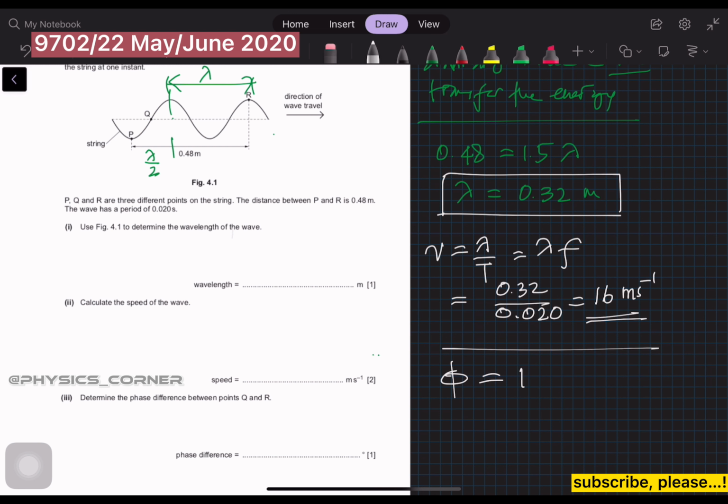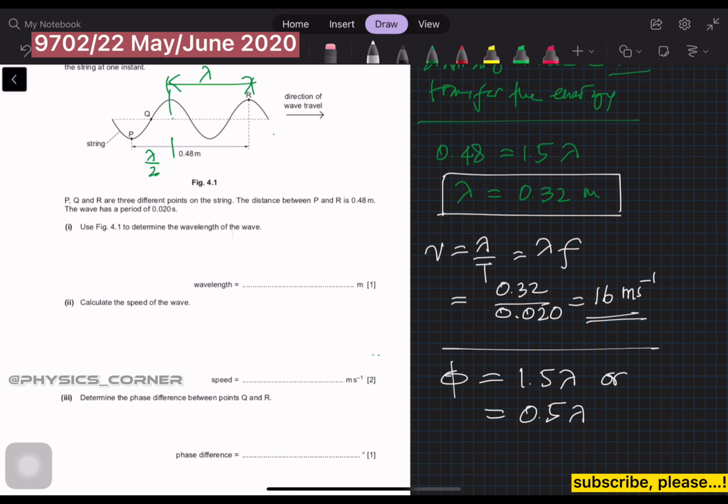We can decide this is the same thing as a half lambda. Why? Because we don't use the multiplication 1, 2, 3 and so on.